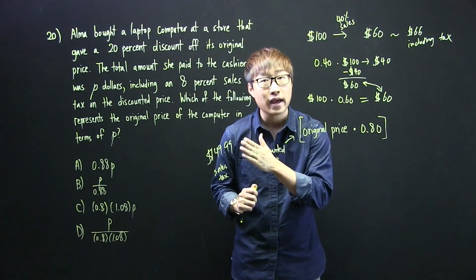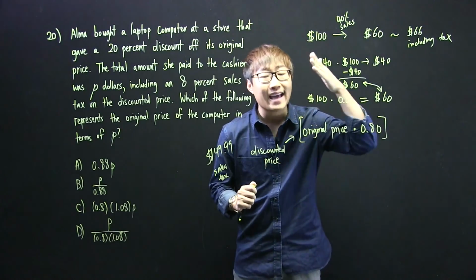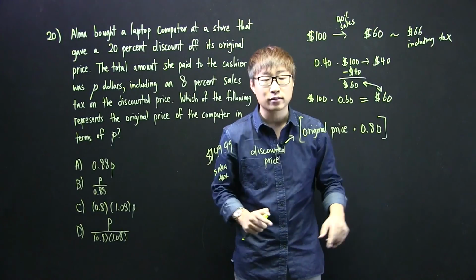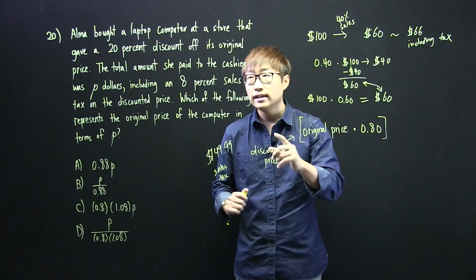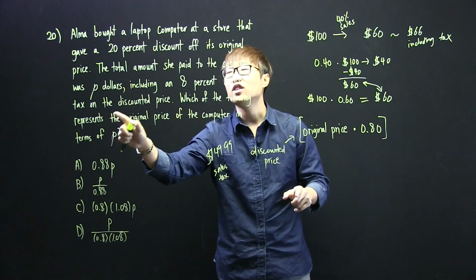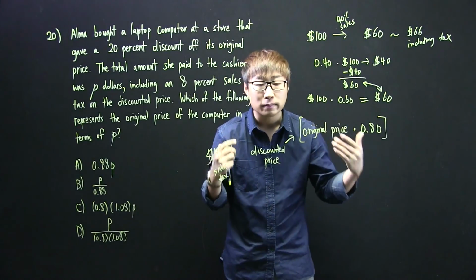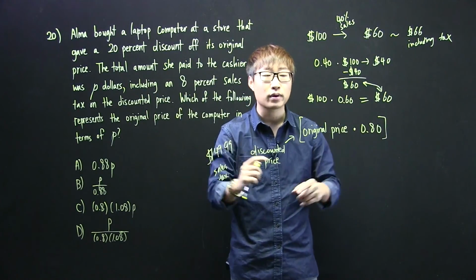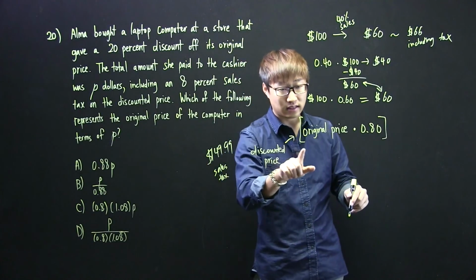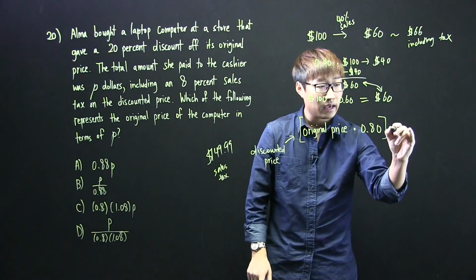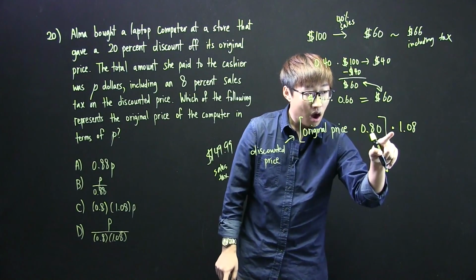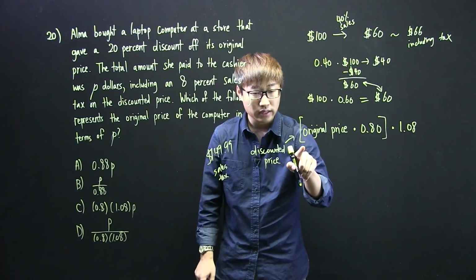AKA, we are paying 108% of the price that it says on the banner, right? So it says 8% sales tax on the discounted price. So I'm actually paying 108% of the discounted price, AKA, this is a discounted price, I'm paying 108% of the discounted price.